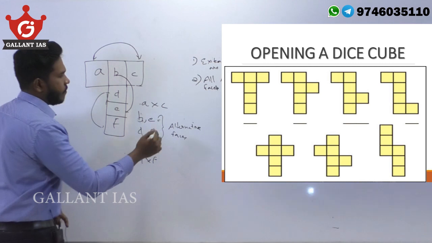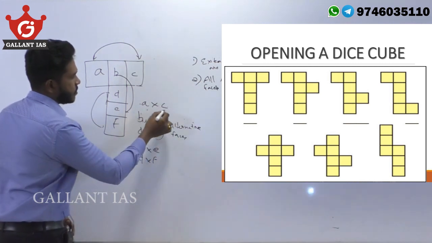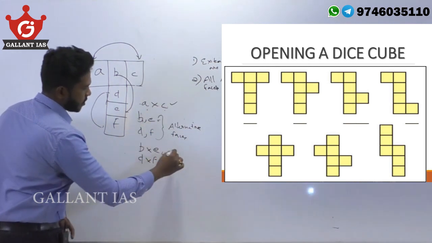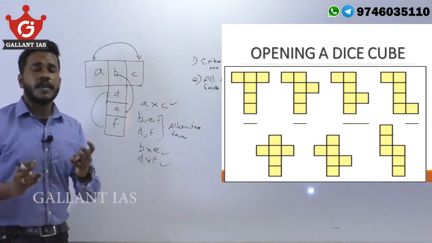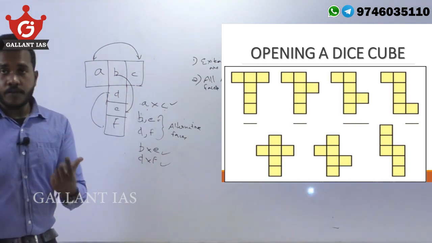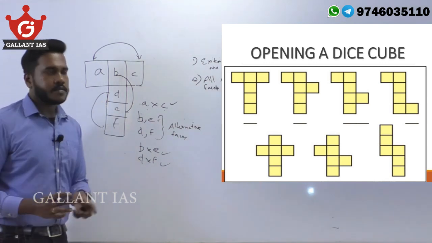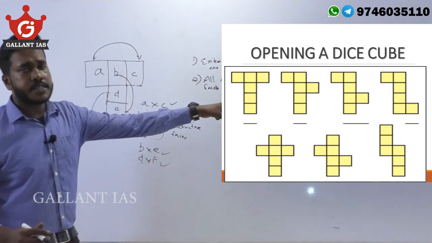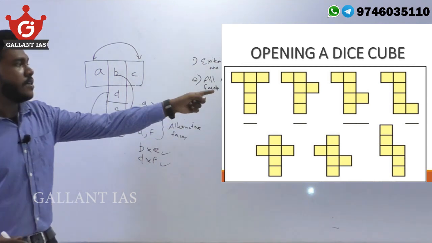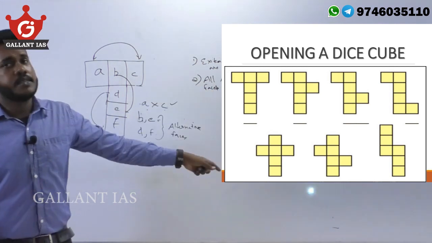Actually, we will get three sets of opposite pairs: A opposite to C, B opposite to E, and D opposite to F. So we got three pairs of opposite faces, which is a property of a cube, right? Similarly, we can find the opposite faces of the second format, third, fourth, fifth, sixth, and seventh also.